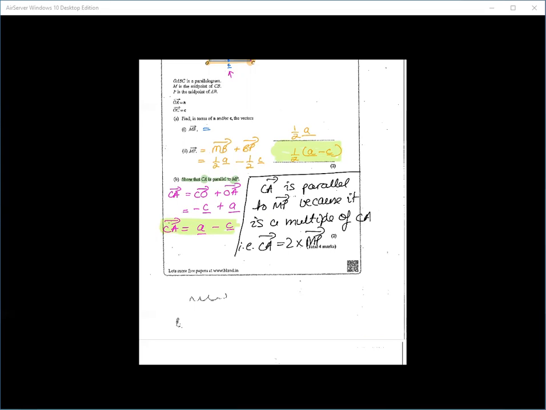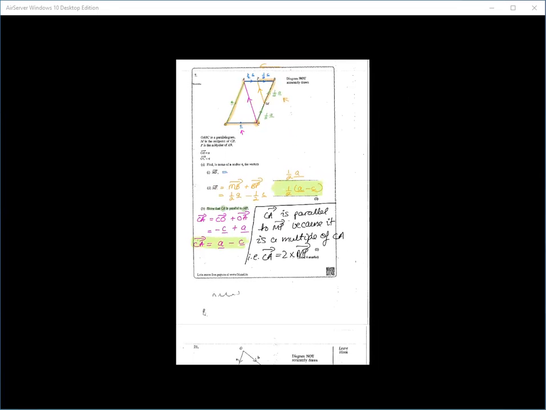So that's how you show something is parallel, that it's actually a multiple of another vector, or it's identical to another vector. It's half the size, double the size, triple the size, any of those. Okay, are we happy with that, Abu Bakr? Yes. So this is the kind of wording that you need to replicate in the examination for when it wants you to show something is parallel. Okay, are we ready to move on, everybody? Yep.